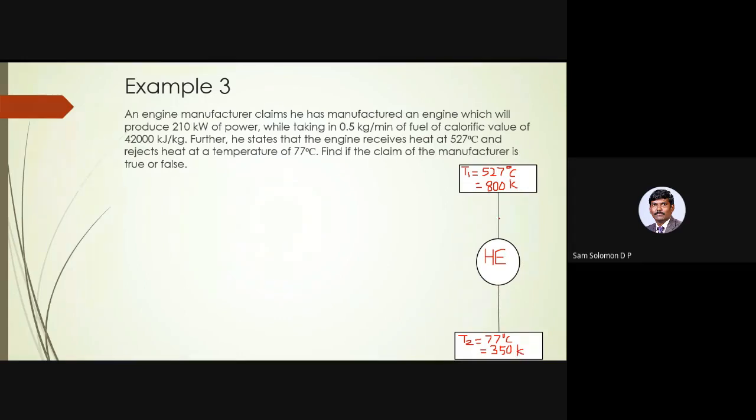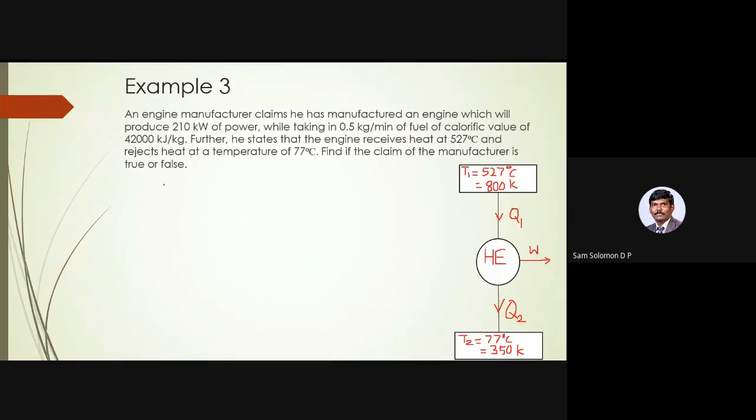Because it is a heat engine, it is receiving heat from the source. Q1 amount of heat is received and Q2 amount of heat is rejected, and it is delivering W amount of work. What they're asking us to find is, they are saying that an engine manufacturer has produced a power delivering device.